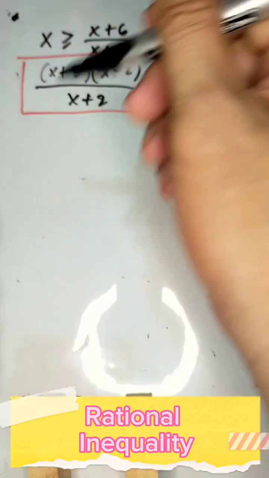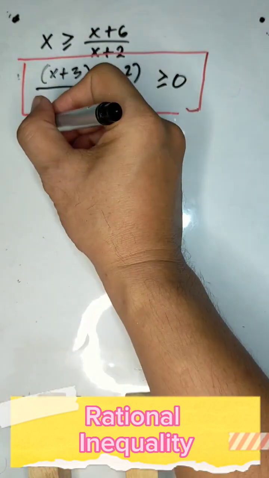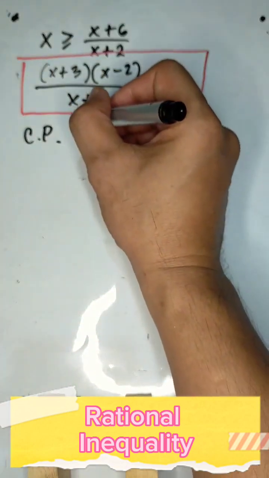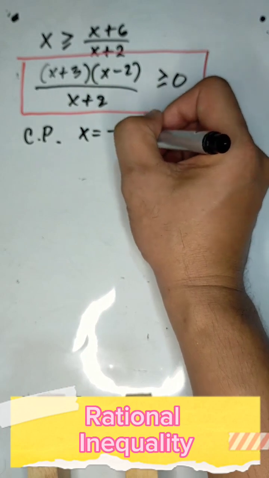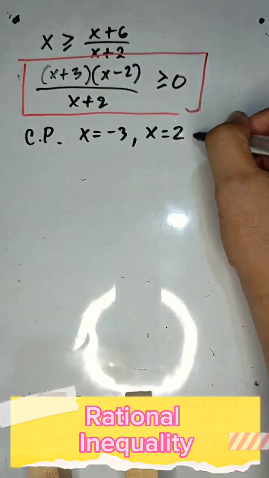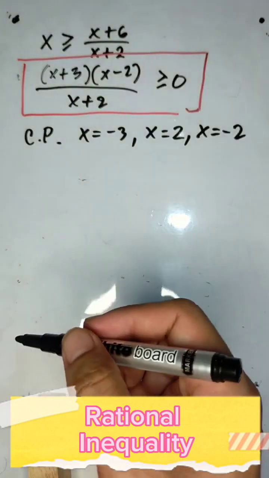Okay, now let's draw the real number line. Critical points first. So for the numerator, the zeros are when x equals negative 3, and when x equals 2, and then x equals negative 2 for our denominator.